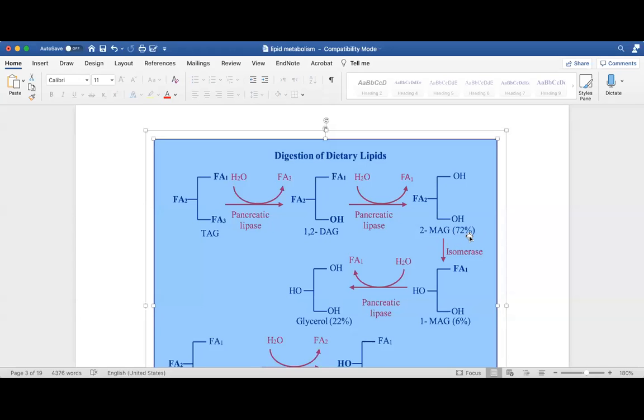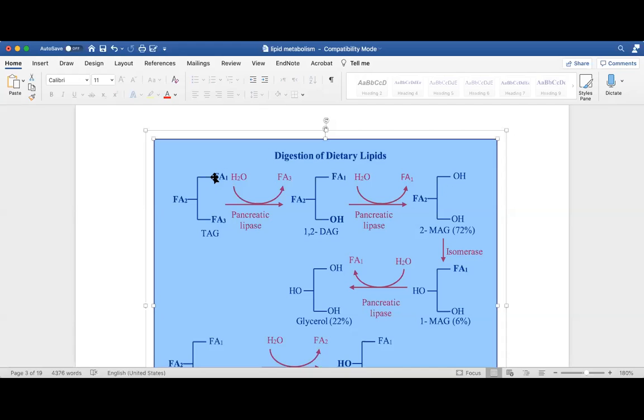There is 72% of monoacylglycerol. What is the meaning of 72? 72% of the fat taken in our diet is converted to monoacylglycerol, which has the fatty acid at position number 2.